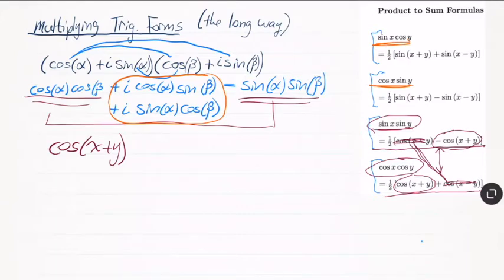If we look at those two formulas and add them together, you'll notice right off that these two terms are going to cancel. And then you're left with 2 sine of x plus y, and half of that will be just sine of x plus y. So you get plus i sine of x plus y.